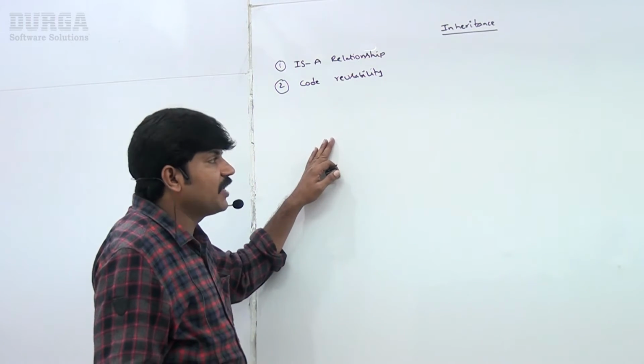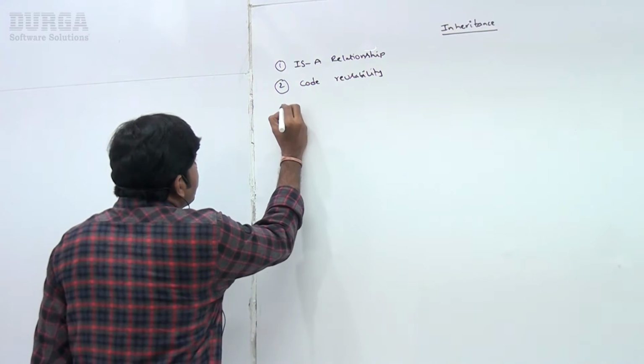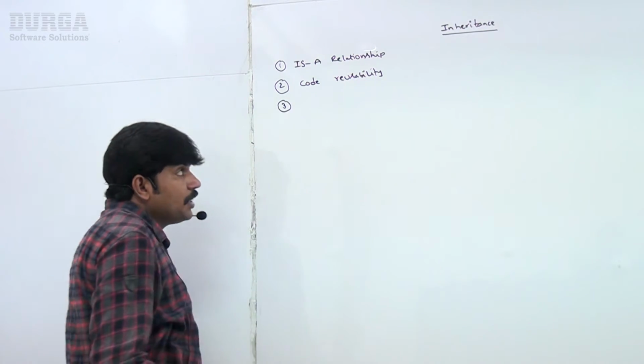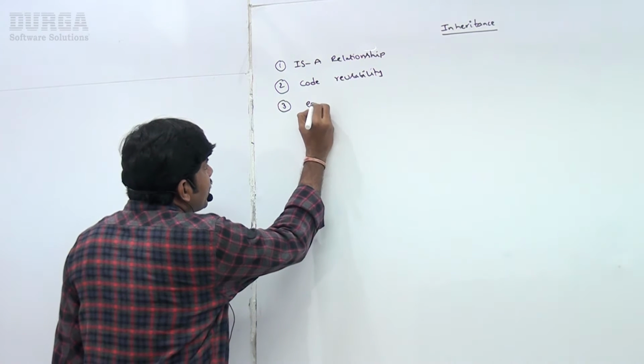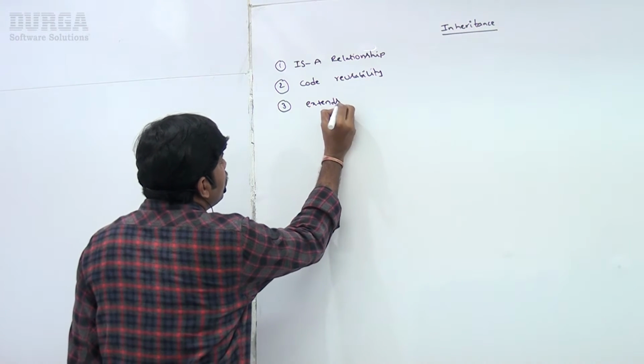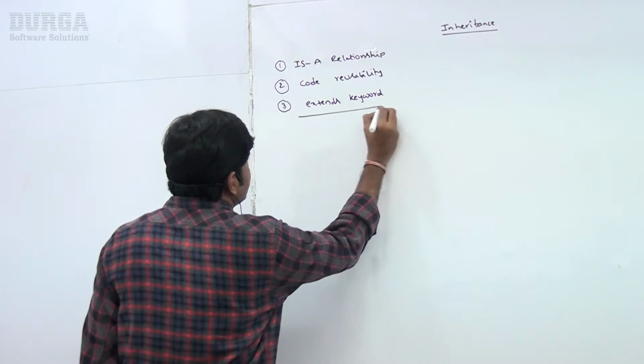Of course, I will explain with examples all these things, don't worry. Next, how to implement inheritance: by using the extends keyword, we can implement the inheritance concept.